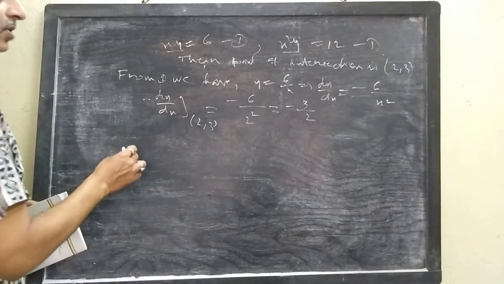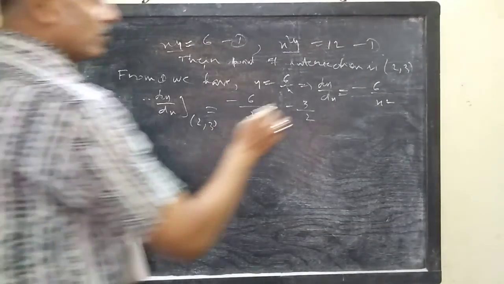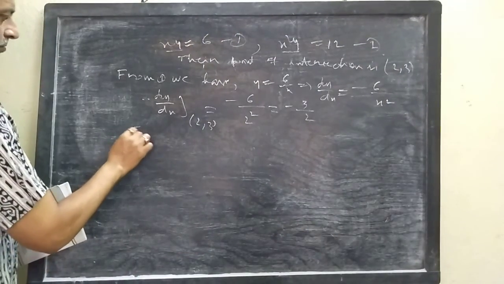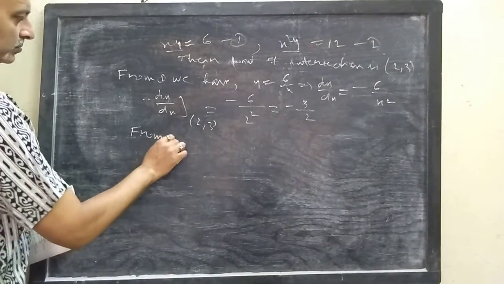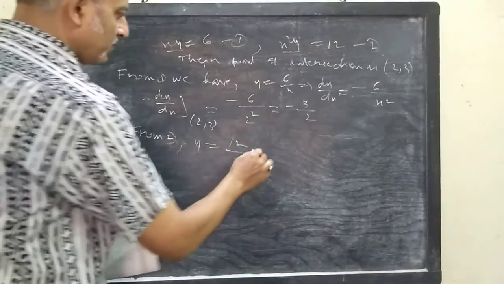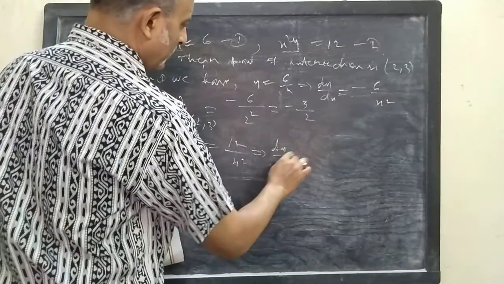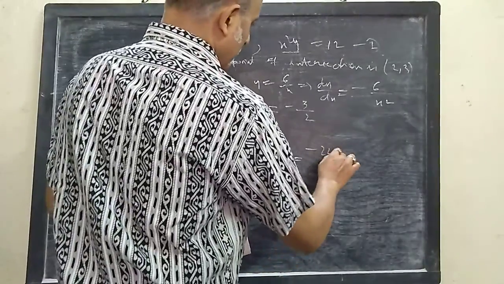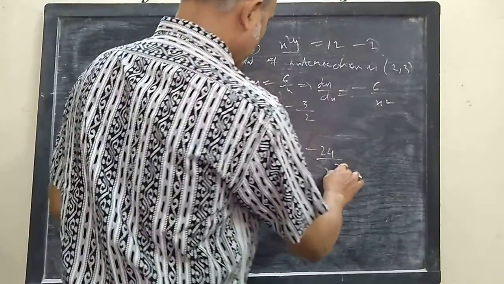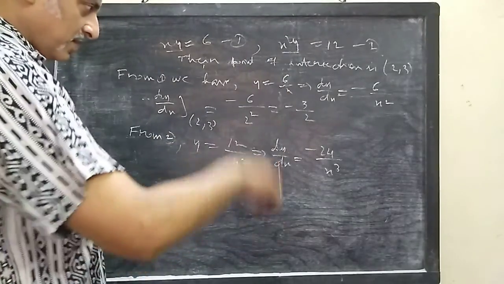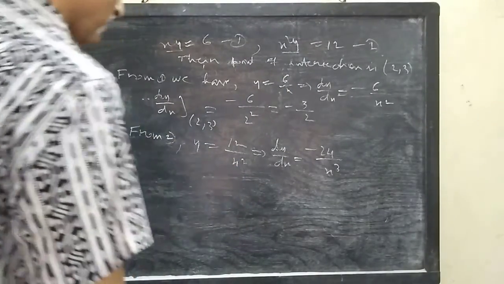Next, from 2, y equals 12 by x square. That implies dy/dx equals minus 24 by x cube. This is x to the power minus 2, differentiating gives minus 2 x to the power minus 3, that is minus 24 by x cube.